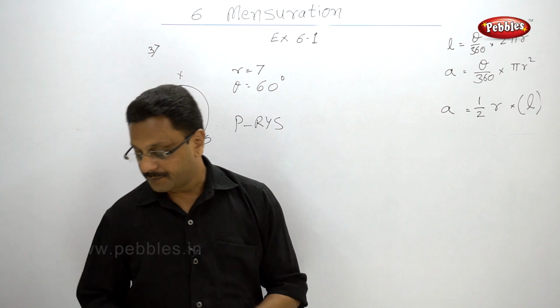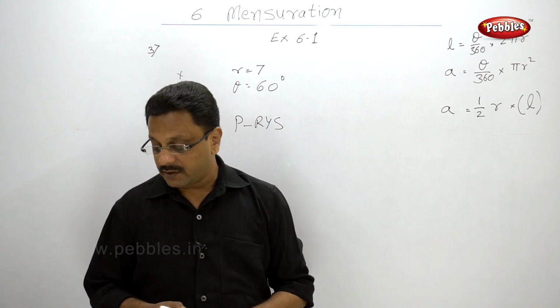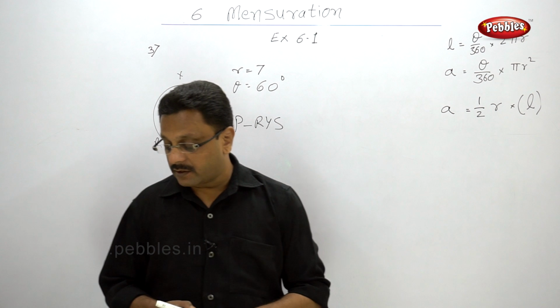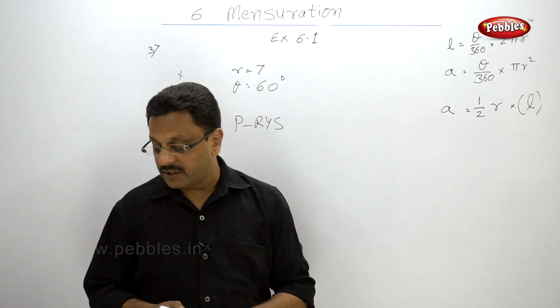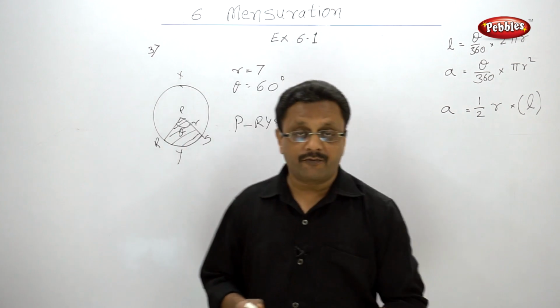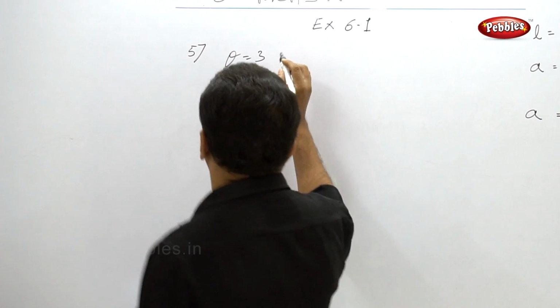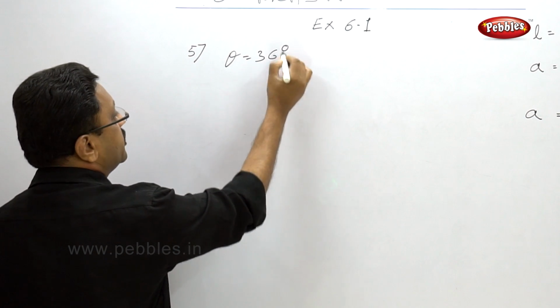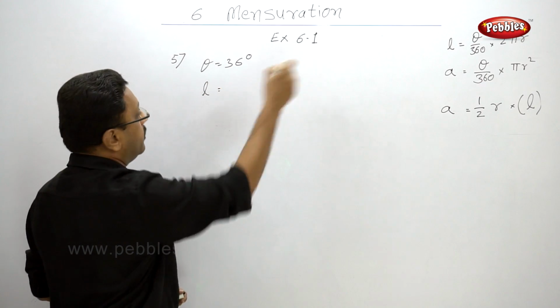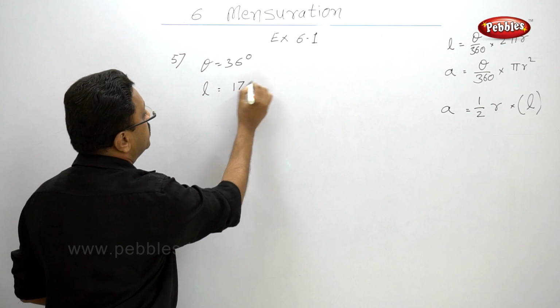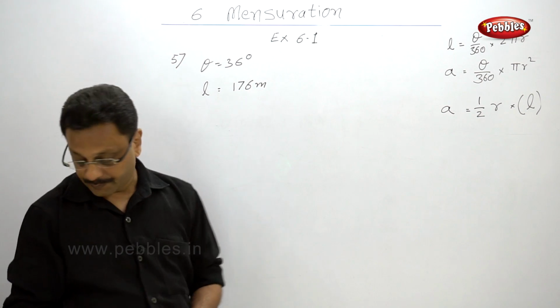You can easily find that out. Fifth question they have asked: an arc of a circle having measure 36 degrees has a length of 176 centimeters. Theta is equal to 36 degrees. L, length of an arc, is 176 meters.